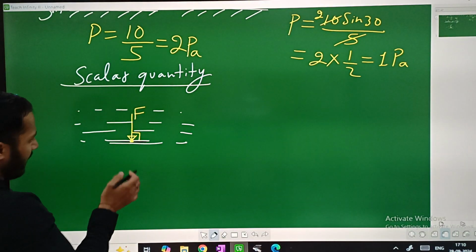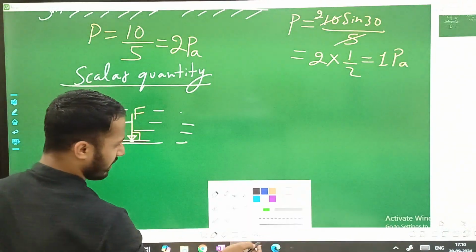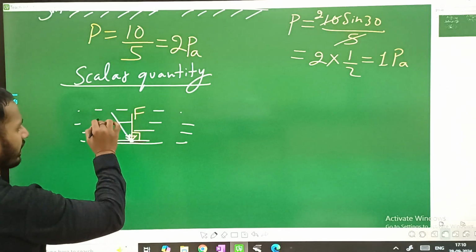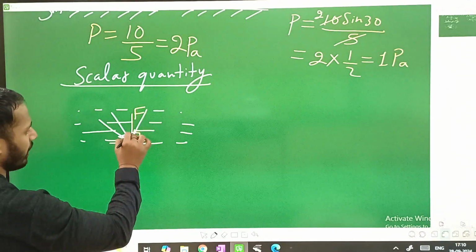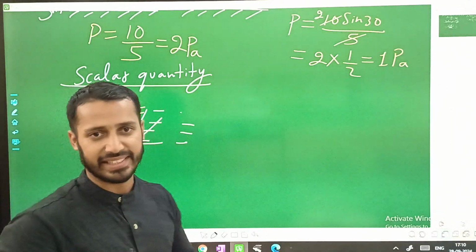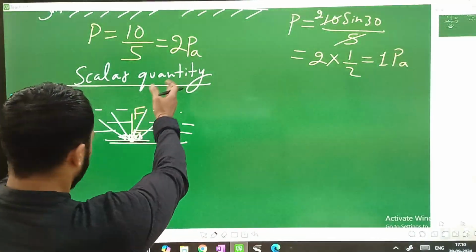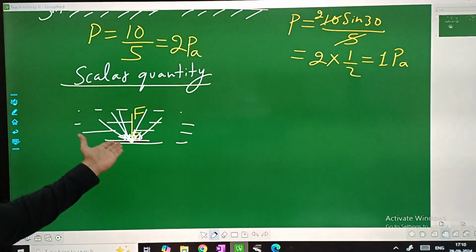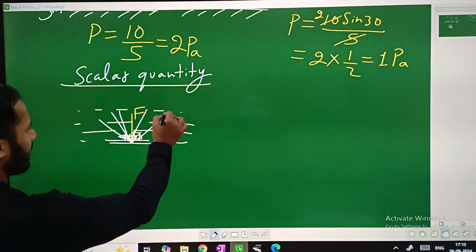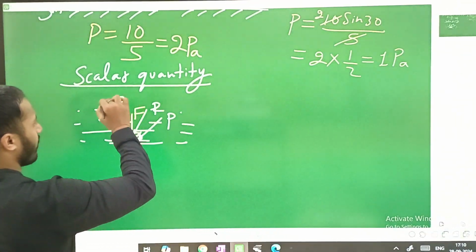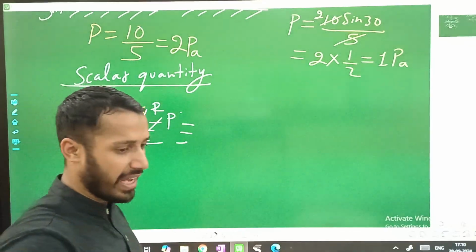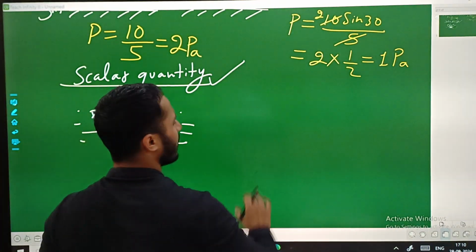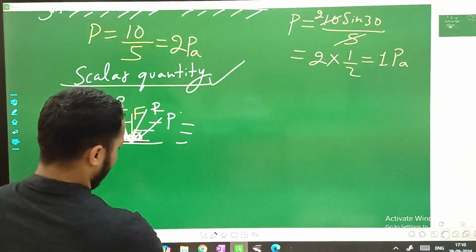But the pressure at this point will act from every direction. You will learn this concept in detail in the class, how pressure acts from every direction. So you can see at the same point, this way, this way, this way, the same pressure is acting. So here we can see pressure has no specific direction. That's why pressure is what? A scalar quantity.